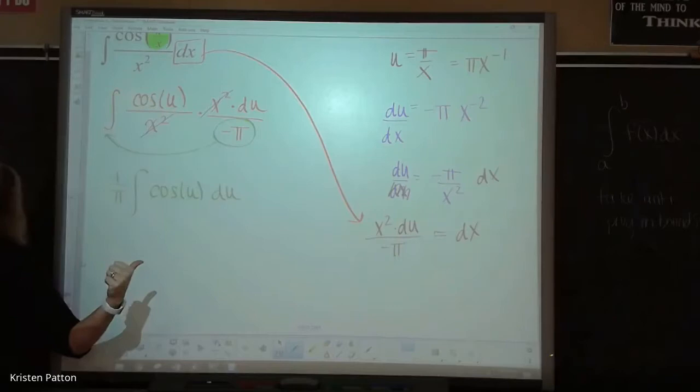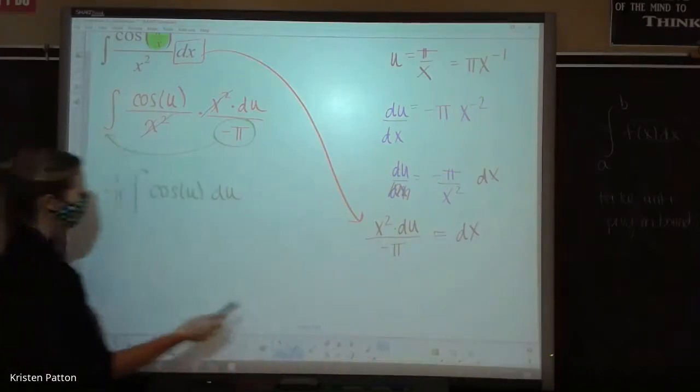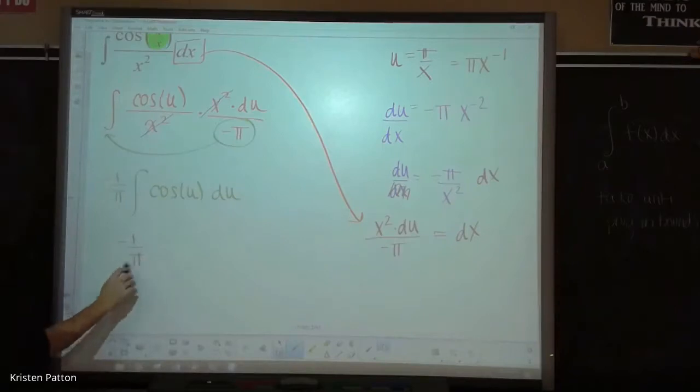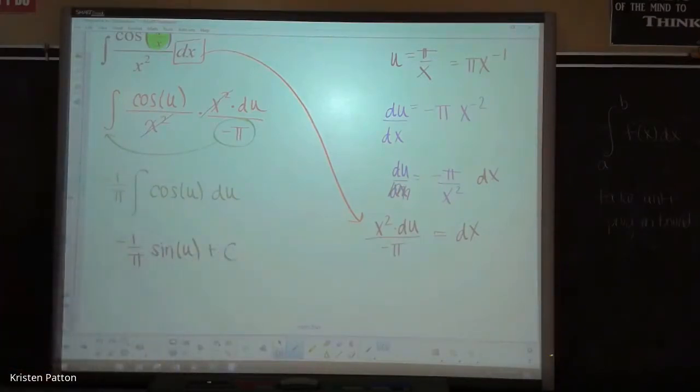Oh, we have this memorized, right? Cosine is the derivative of sine. So I get -1/pi times the sine of u. But we're not going to leave it that way. Put our x's back in.